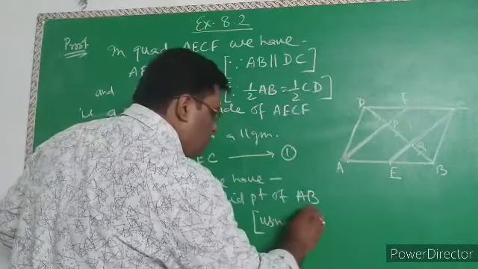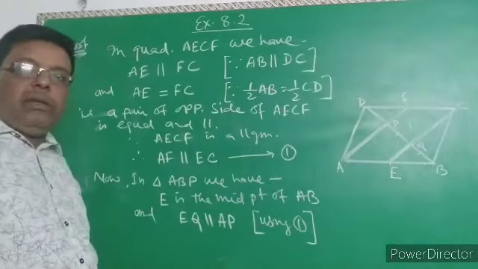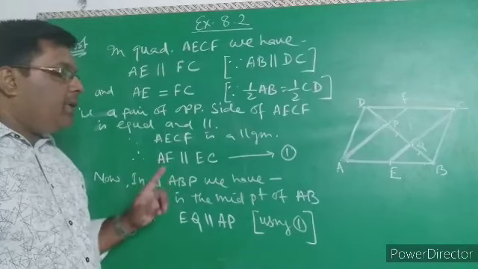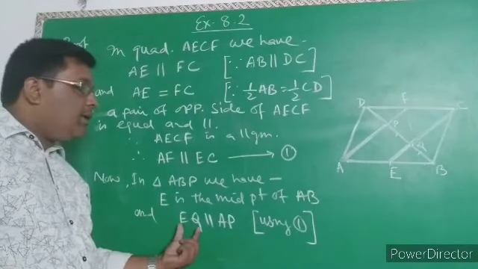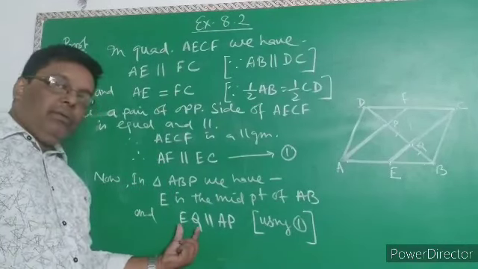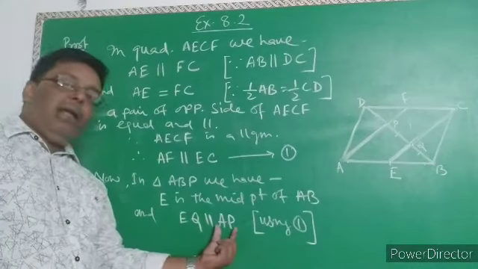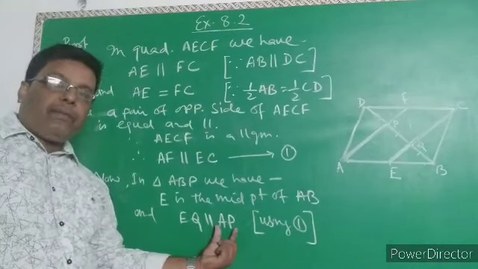Using 1, that is, in 1, AF and EC are parallel. So a part of EC, that is EQ, is parallel to a part of AF, that is AP.